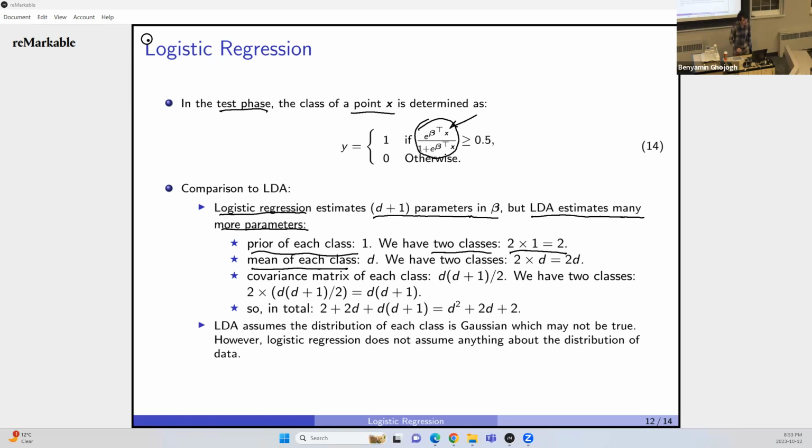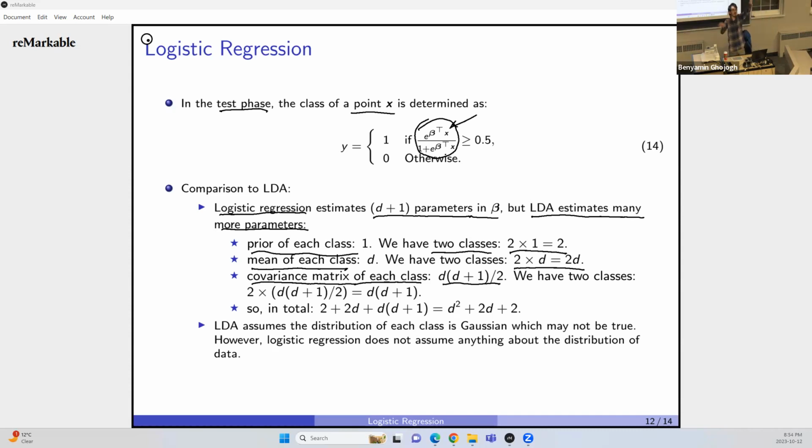Also, I have the mean of each class. Each class has a mean, a d-dimensional vector, right? So we have 2 classes, so 2d. Also, we have the covariance matrix of each class. It's d times d plus 1 over 2 parameters. Why? Because the covariance matrix is symmetric, right?